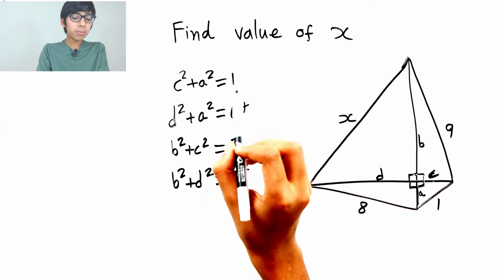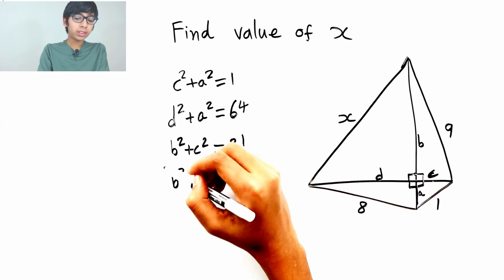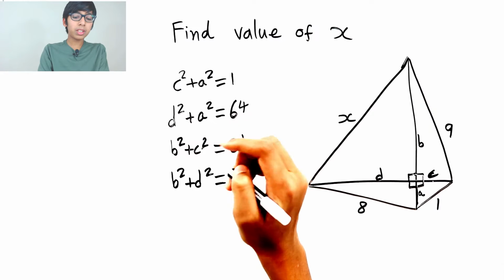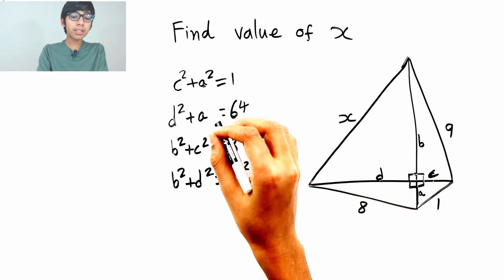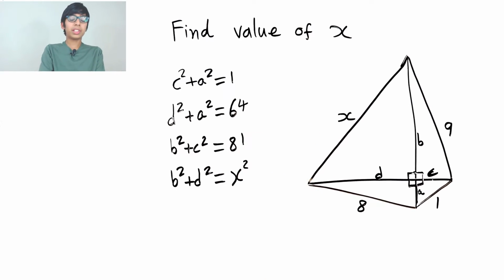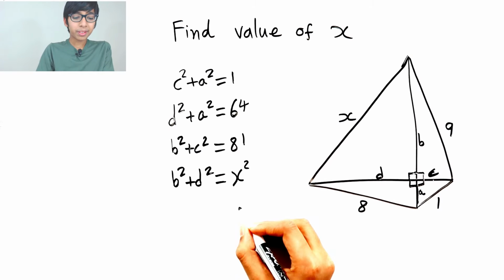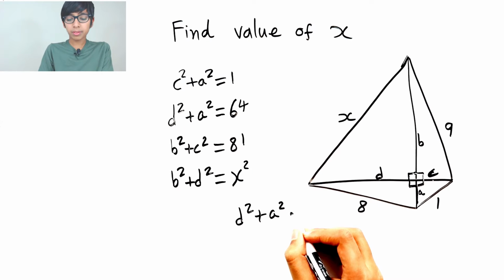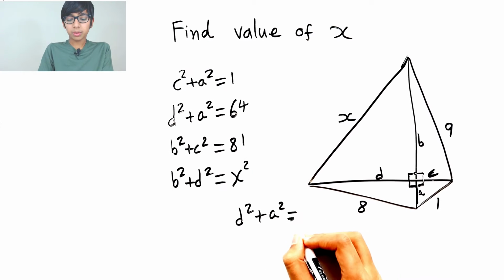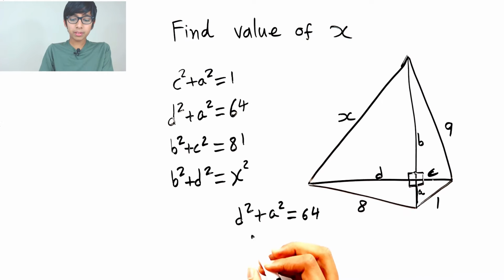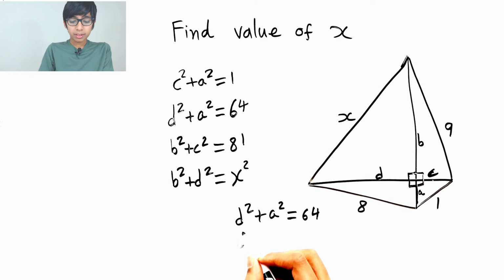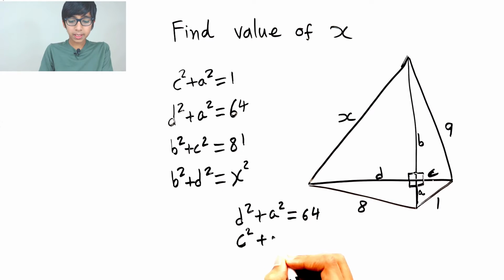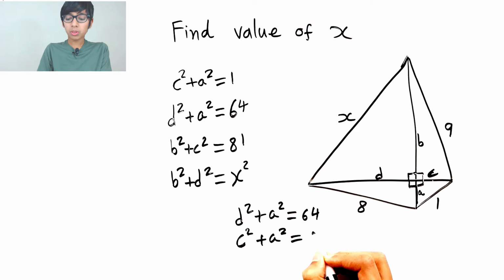Both of these other equations don't have d squared, but this equation has a squared, just like the other one. So let's subtract these equations. d squared plus a squared equals 64, and c squared plus a squared equals 1.